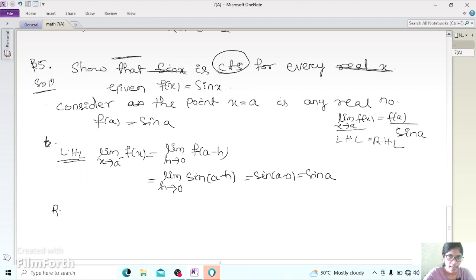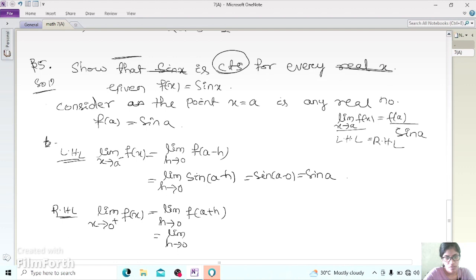Now for the right hand limit, limit x tends to a plus f of x is equal to limit h tends to 0 f of a plus h, which equals limit h tends to 0 sin of a plus h, which equals sin a plus 0, is equal to sin a.